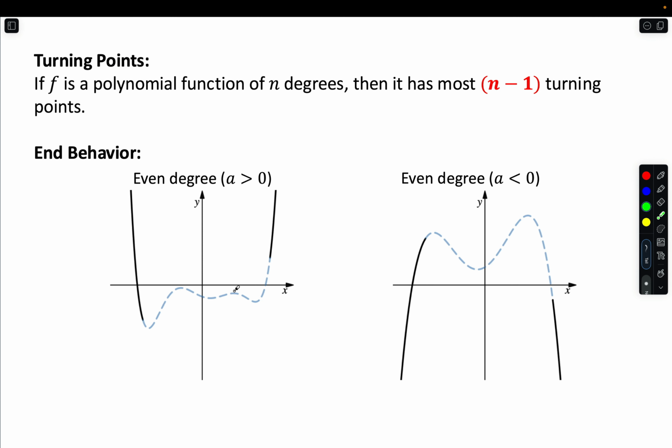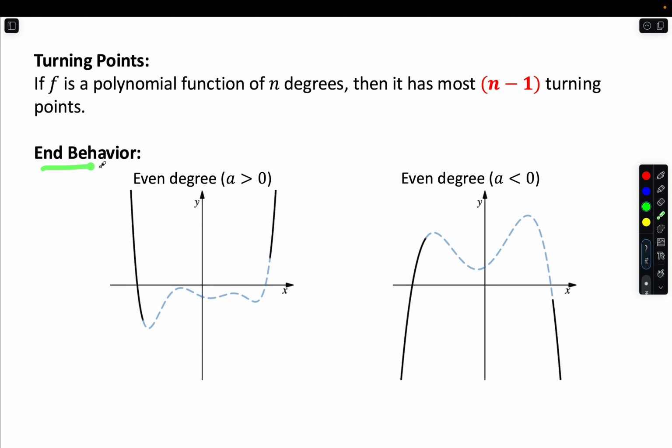So if we're looking at this even degree polynomial with a positive a value, notice that this has 1, 2, 3, 4, 5 turning points, which means the degree of this is at least 6, right? At least 6.